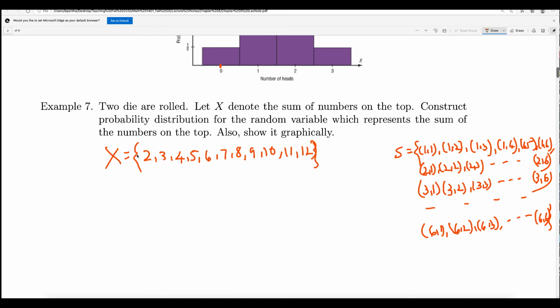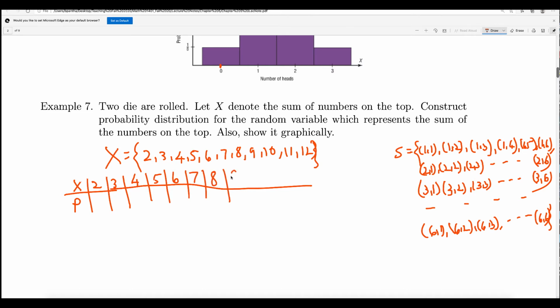Okay, so what are the probabilities? We'll find out the probabilities too. What we can do is write x and then p like this, and then write the corresponding values of x and the probabilities: 2, 3, 4, 5, 6, 7, 8, 9, 10, 11, 12. Can you tell me how many total outcomes there will be? That will be 36.